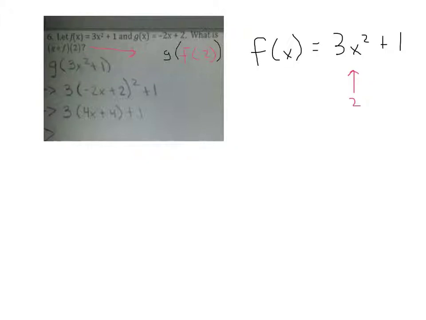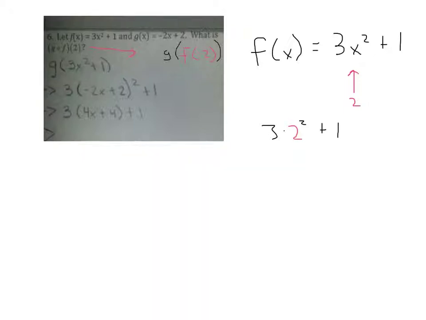So we're going to take a 2 and we're going to plug it into that. So then we are going to have 3 times 2 squared, and then we're going to add 1 to that.